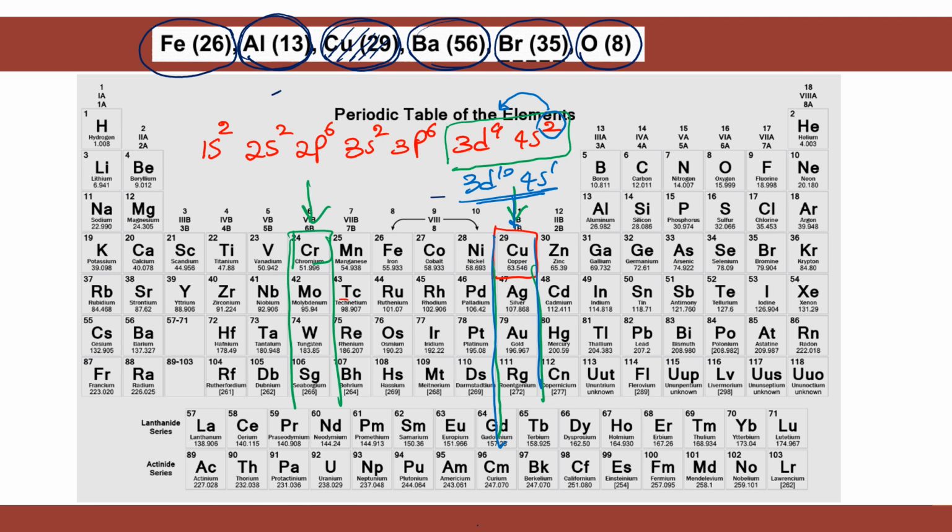Same thing will happen to chromium. If you write the electron configuration for chromium, that will be 3d4. And you know D is half filled if you have 3d5, isn't it? So what it does is you are taking one electron from S. So if you write for chromium it will be 1s2, 2s2, 2p6, 3s2, 3p6 and 3d5, 4s1.